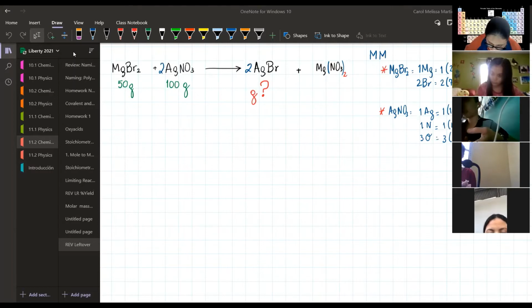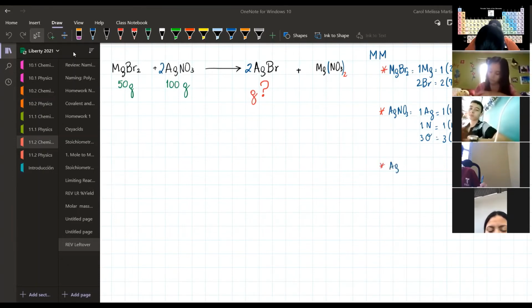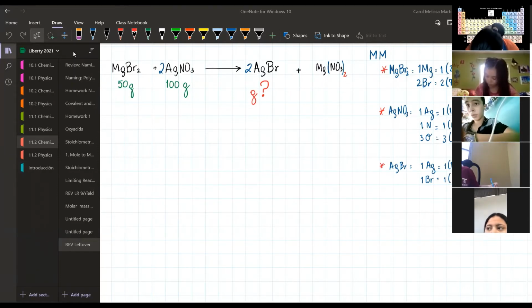And then we finally move to the other substance, that is AgBr. 1 silver, 1 bromine. How much is this? 187.78.